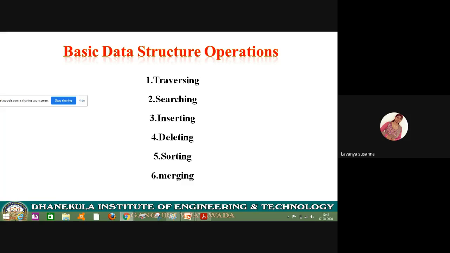Deleting, removing the element from the data structure. Sorting, arranging the elements in ascending or descending order. Merging, combining the elements. These are the operations that can be performed on a data structure.